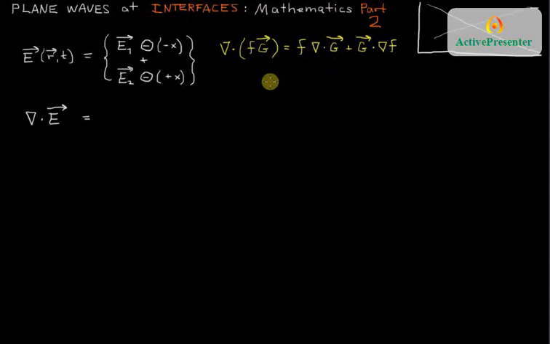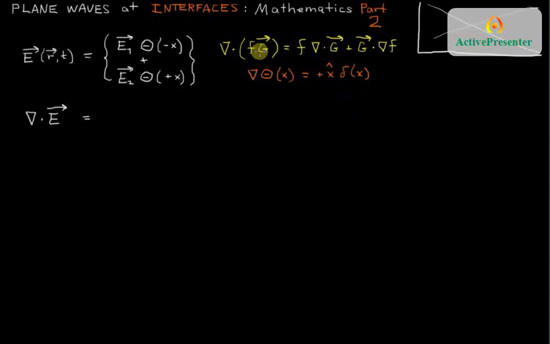We saw in the previous tutorial, but I will recount here without proof, that the gradient of the step function is equal to a unit vector times a delta function.